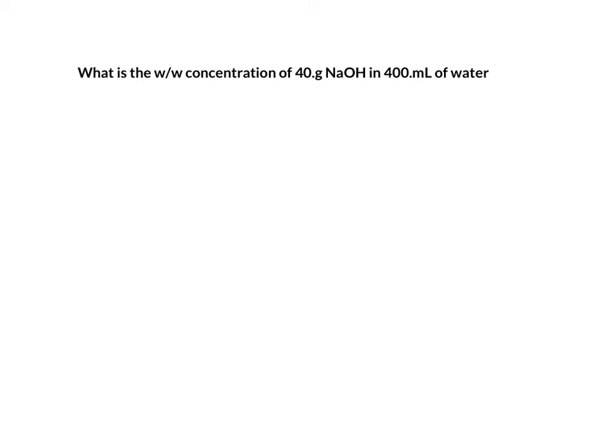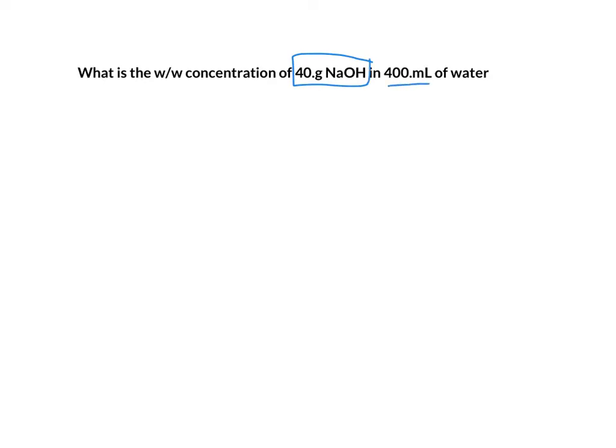So our first example on the back of the page, what is the weight per weight concentration if you have 40 grams of sodium hydroxide in 400 milliliters of water? So your solute is the one that's there in smallest amounts. So sodium hydroxide is our solute.